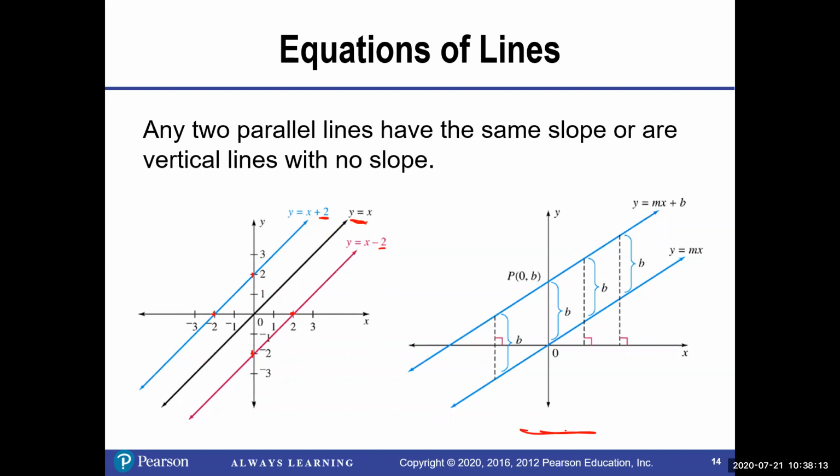When you have m to be 1, that is what is reflecting towards your right side. So b is a distance. Any 2 parallel lines have the same slope or are vertical lines with no slope.